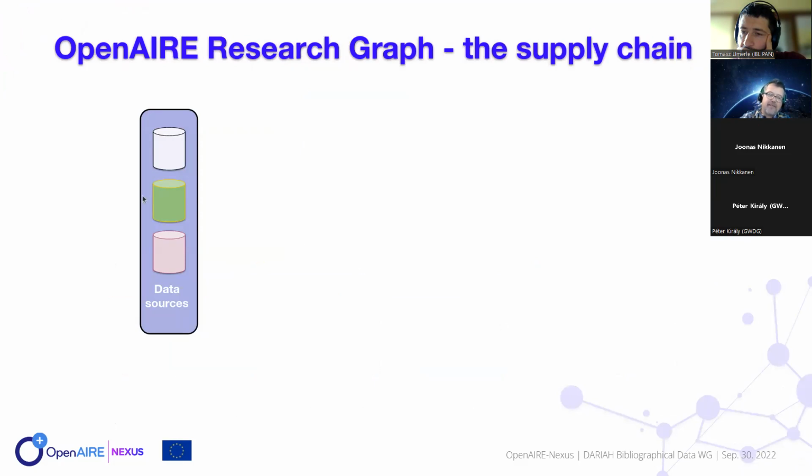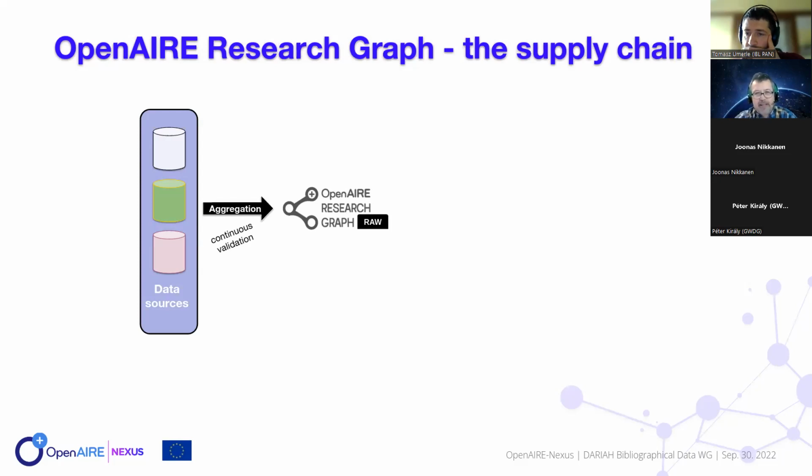On the left side, we have the data sources, aggregated on a weekly basis. Each data source has a compliance level with our guidelines, and we have continuous validation of the metadata that we collect from the data sources and create the OpenAIRE research graph RAW.